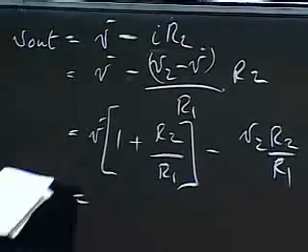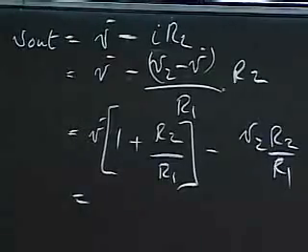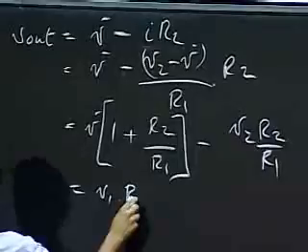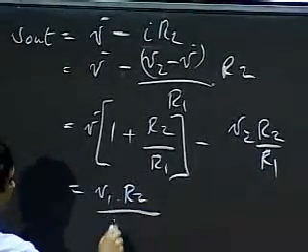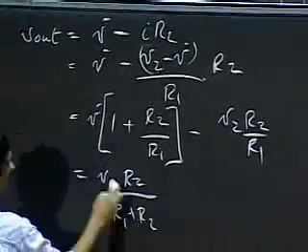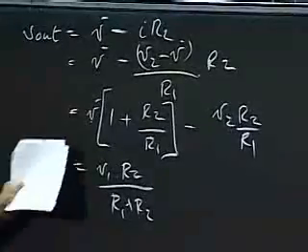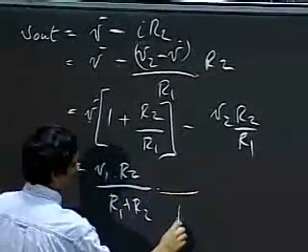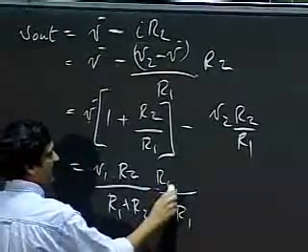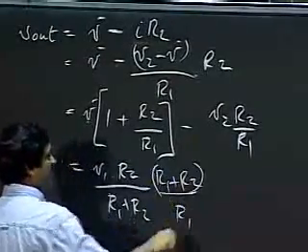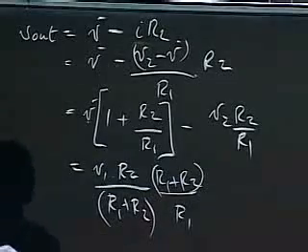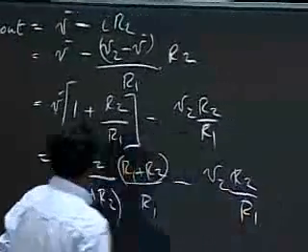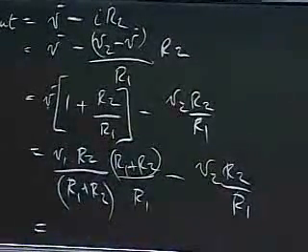Now let me go ahead and substitute for V minus, and that is simply V1 R2 divided by R1 plus R2. That's V minus. And this character here is simplified to be R1 plus R2, minus V2 R2 divided by R1. So what do we get?